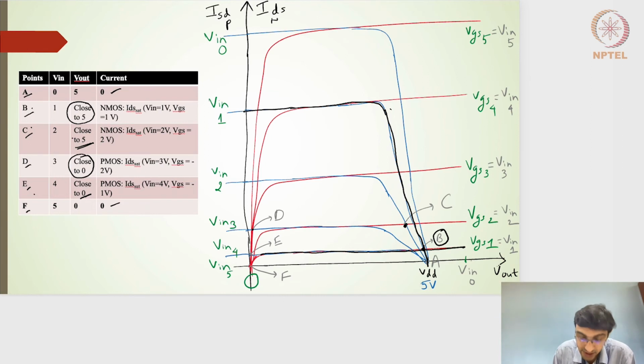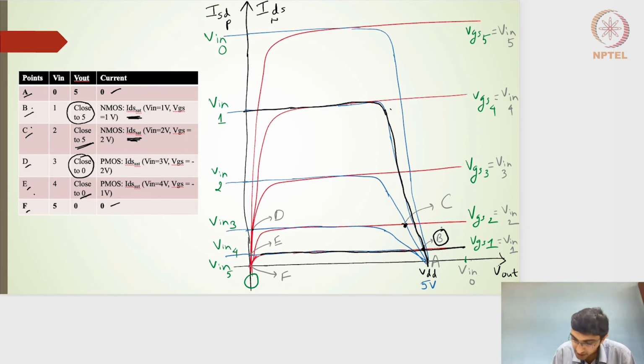If I want to find out that particular current, I can go with the equation of the ID saturation of NMOS at point B. It is nothing but the ID saturation current of the NMOS equated with the IDS linear current of the PMOS.